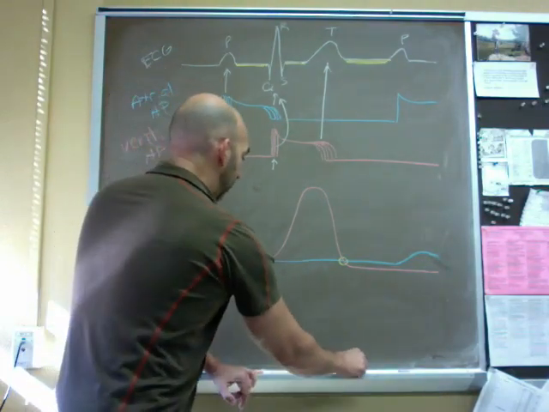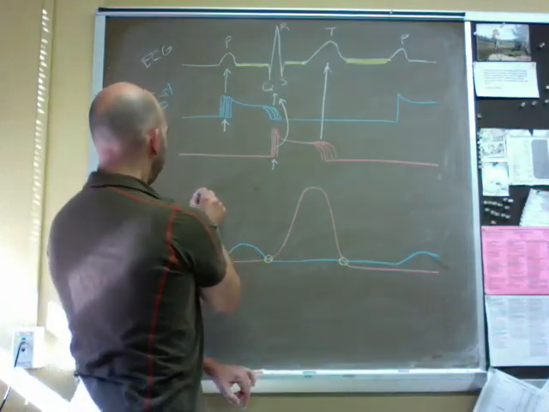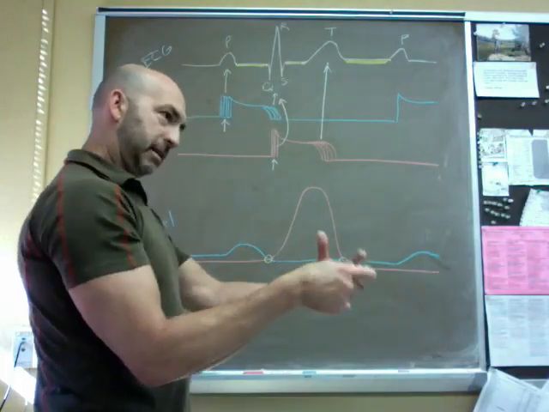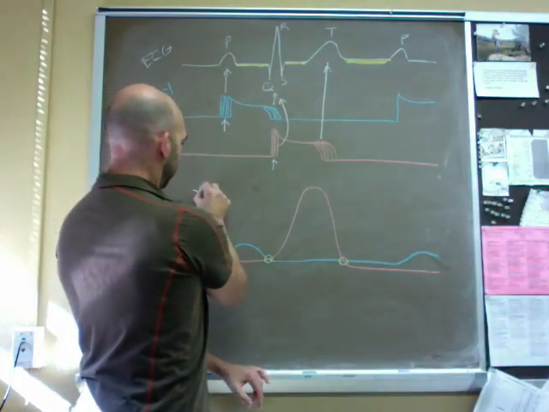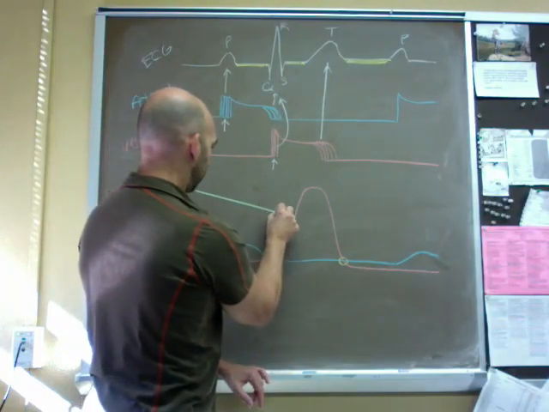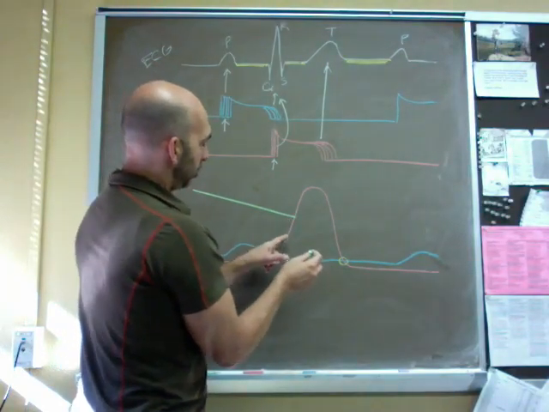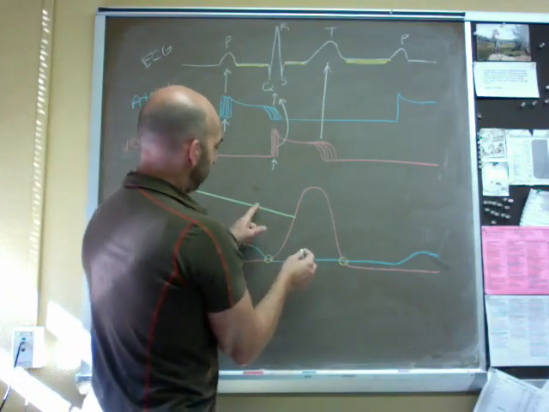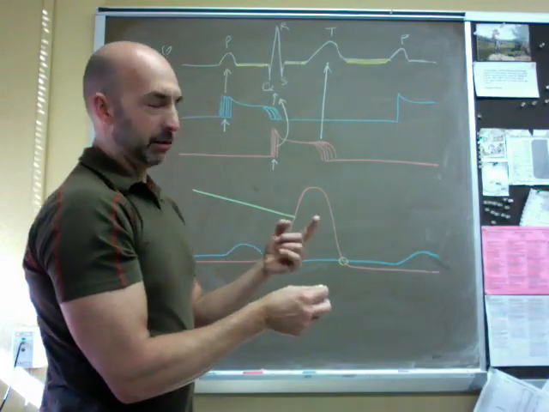Let's put on here the arterial blood pressure. And the pressure in that space, right outside of the heart, would be doing this. Falls and falls and falls until the pressure in the ventricle exceeds the pressure in the aorta, and opens up the semilunar valve.